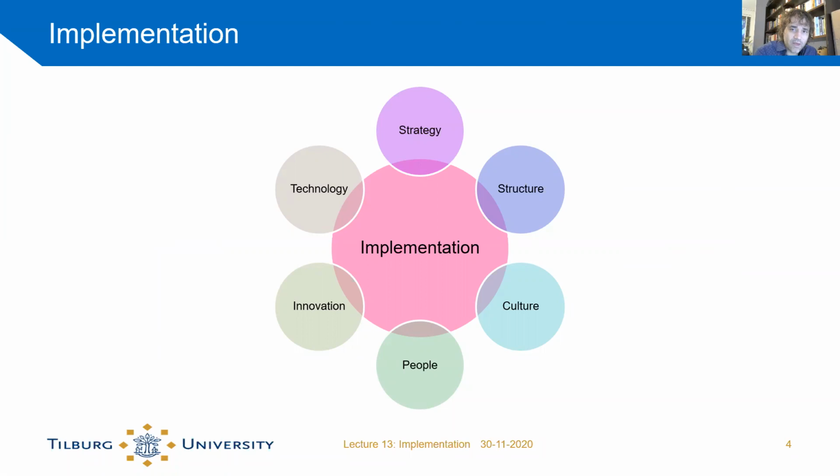So, for example, we talked about people and innovation and people and technology in lecture number 7, that people need a certain motivation to get to work, and that if you implement a new technology in an organization, their motivation may change. So they may become more autonomous or less autonomous because the system takes over part of their work. It may lead them to experience their work better, to have the idea that they actually have a job that's meaningful, and that's only one aspect of the people aspect of implementing something in an organization.